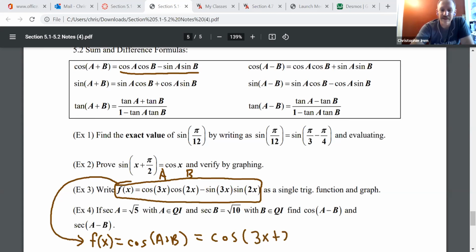There we go. I think I got it right this time. So we have cosine of 5x. Okay. So this should be equivalent to cosine of 5x. So if I were asking you to plot this one, if you know what the correct graph for cosine looks like, what would be the only change there?